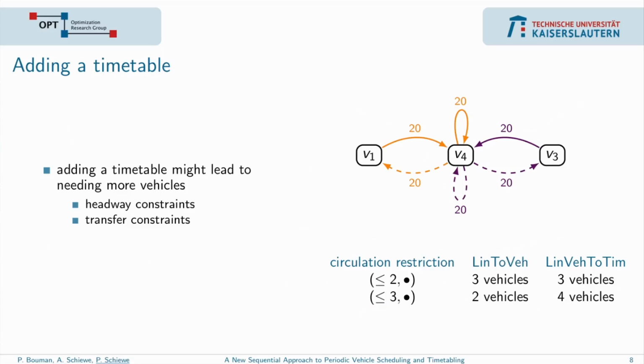However, this cannot be extended to a timetable which needs only 3 vehicles, but we will always need 4 vehicles. The factor by which the number of vehicles increases in the timetabling stage is bounded by t over 2. However, this bound is also sharp, so in the worst case, we can actually get quite a lot more vehicles when we add a timetable.